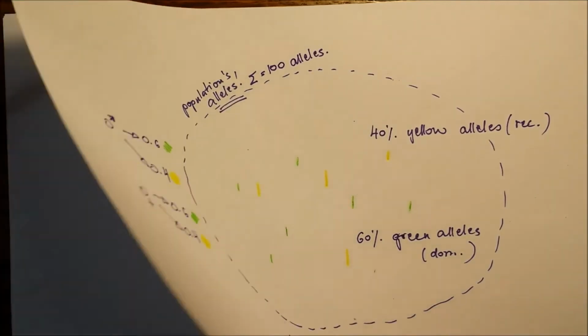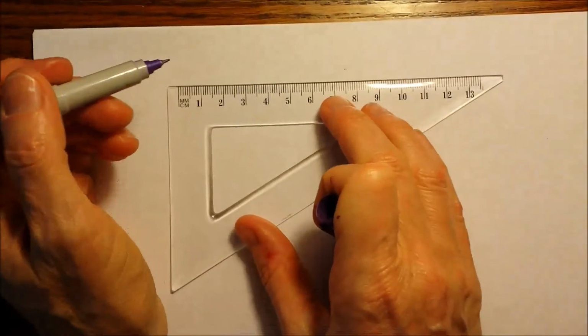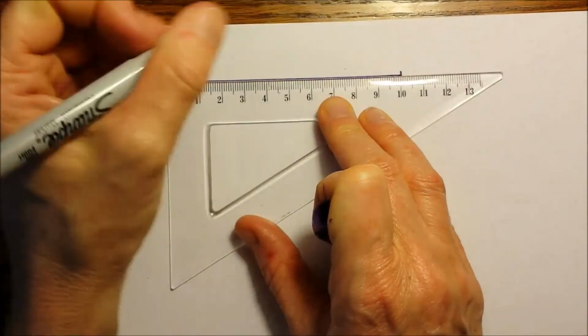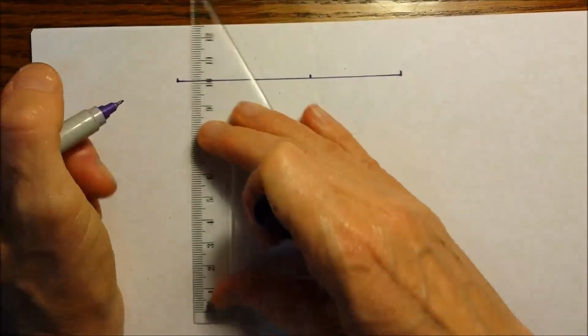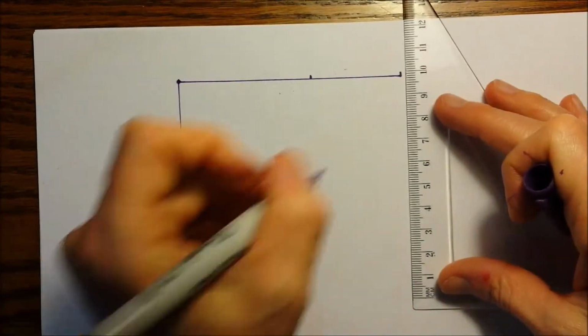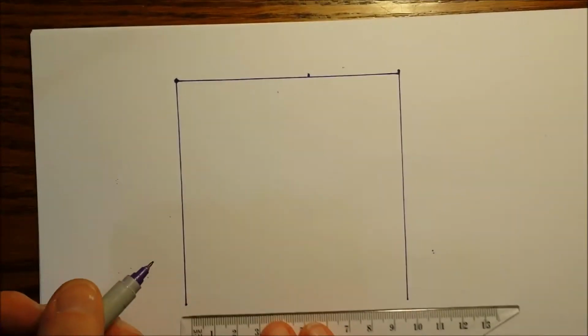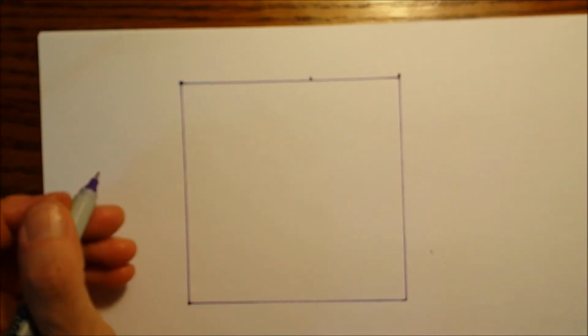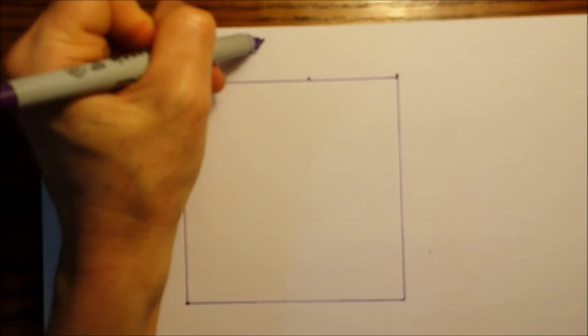On the next page, let's use kind of a Punnett square like what we used, but the Punnett square was for the individuals. Now the square for us is going to be for the population relative to the allele frequency.